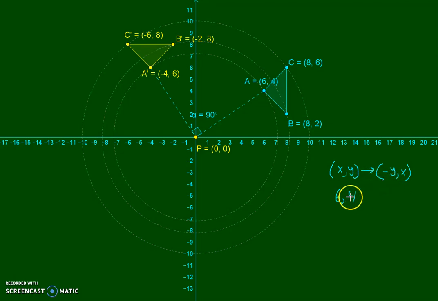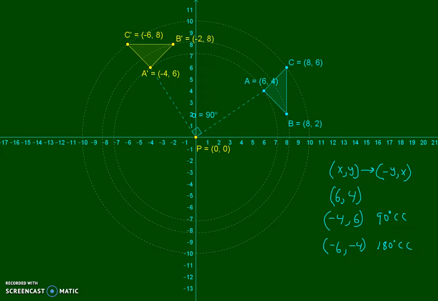Applying this rule, negative y, x, this point would go to (negative 4, 6). And that's this rotation. So this is 90 degrees counterclockwise. Now if we do it again, we apply this rule to this point, we should get negative y, which is negative 6, x, which is negative 4. And this should be 180 degrees counterclockwise.